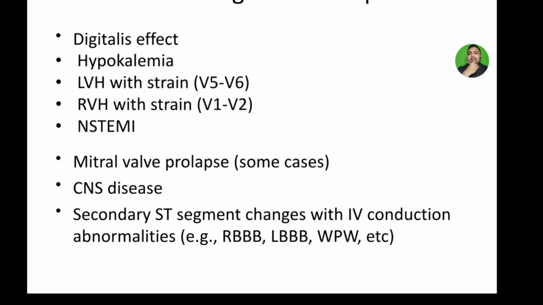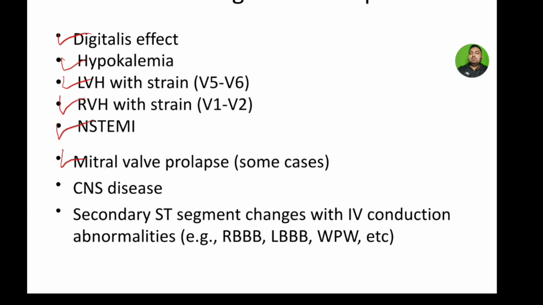So these are the differential diagnoses of ST depression. The first one is digitalis effect. The second is hypokalemia. The third is LVH with strain pattern. The fourth is RVH with strain pattern. The fifth is non-ST elevation myocardial infarction.